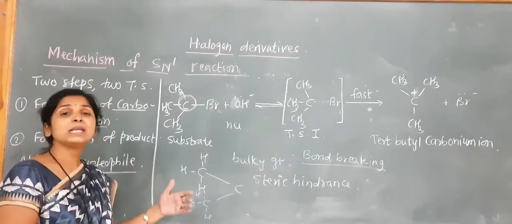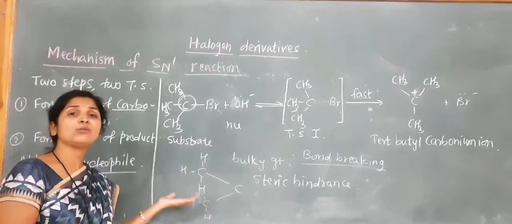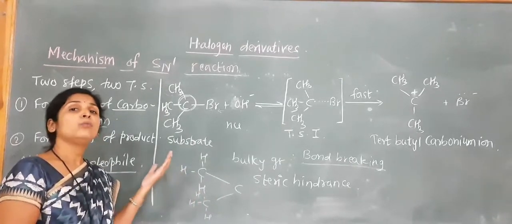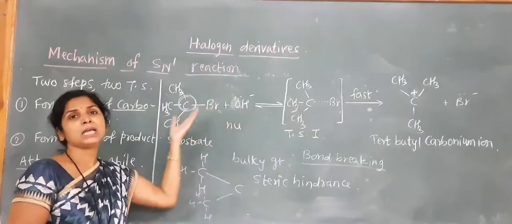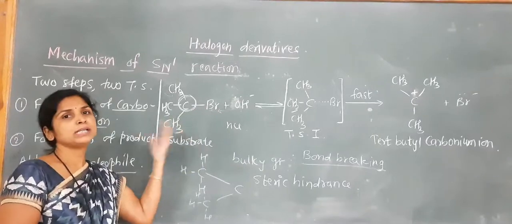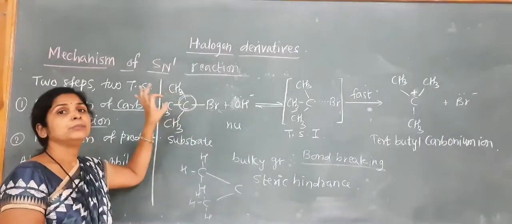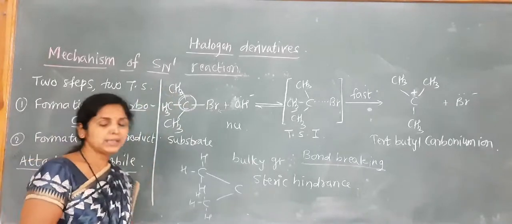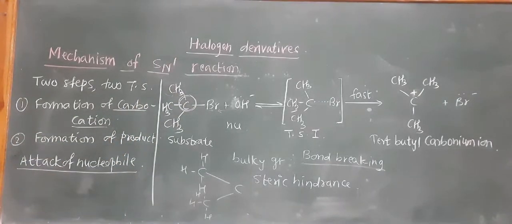Now the next step will be the formation of the product, or we may say formation of the new bond. Now for the formation of the new bond, this nucleophile has to approach towards the central carbon atom. Okay, so we will see this next step, how the attack of the nucleophile is going to take place.